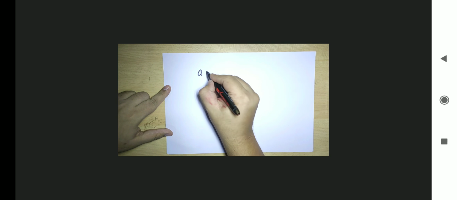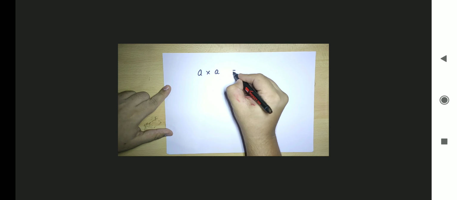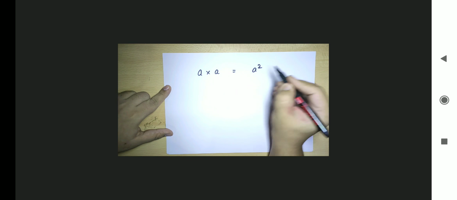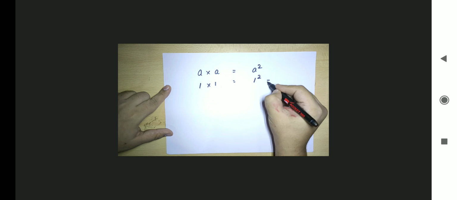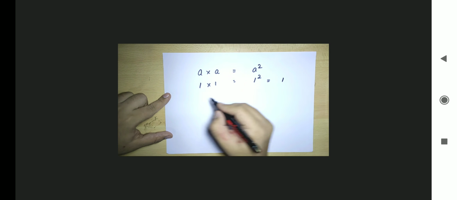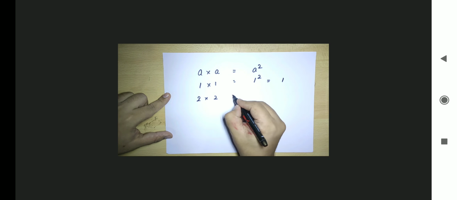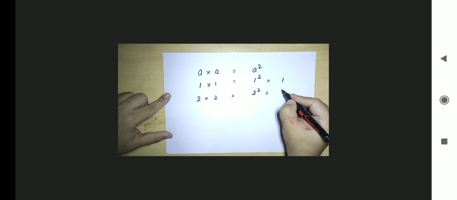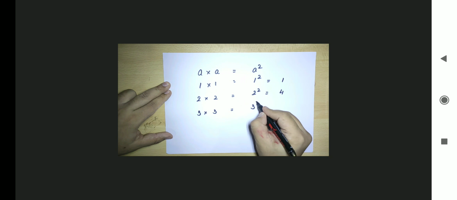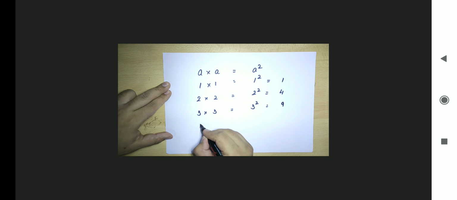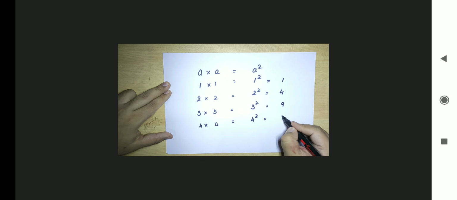In general, we can say that when a is multiplied by a, we get a square. 1 multiplied by 1, we get 1 square, which is equal to 1. 2 multiplied by 2 gives you 2 square, which is 4. 3 multiplied by 3 gives you 3 square, which is 9. 4 multiplied by 4 gives you 4 square, which is 16, and so on.